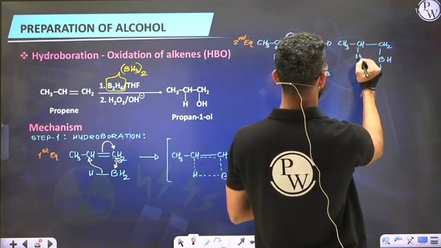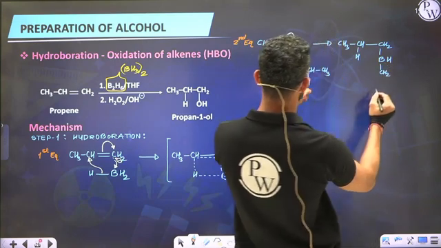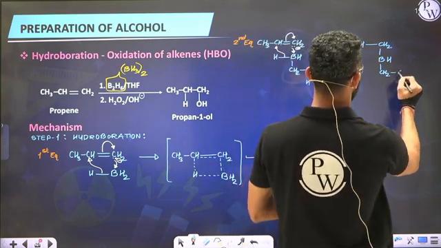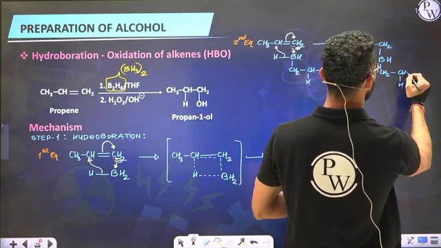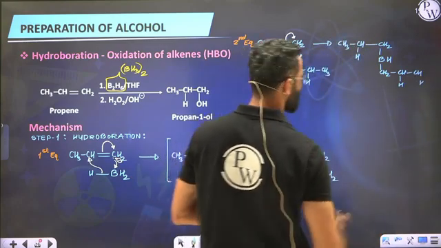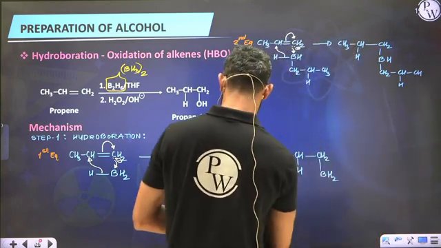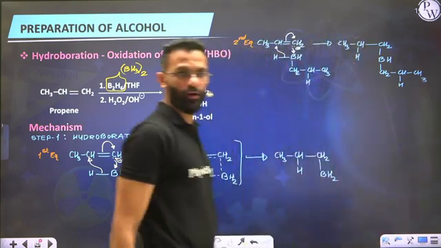So this is that new H, and this is further connected to CH2, CHH. So this H which we are highlighting here is from the earlier or first H which was added from BH3. And this is CH3. Alright guys.